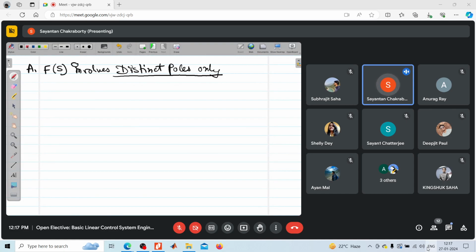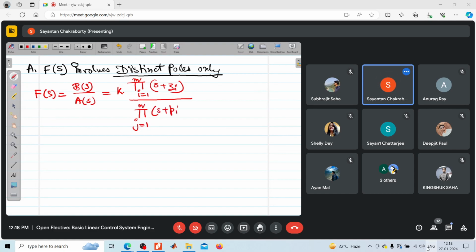In this case, F(s) can be written as some gain k times the product for i equal to 1 to m of (s plus z_i), divided by the product for j equal to 1 to n of (s plus p_j), for m less than n.